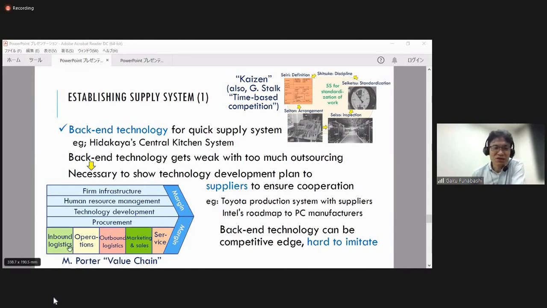At the connection of each process, if it's just connected, we just call it supply chain. But if you try to create more value between the processes, it is called value chain. So value chain and supply chain are not exactly the same.